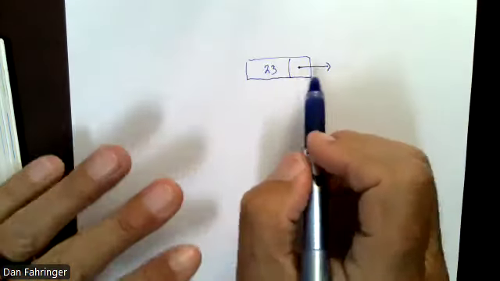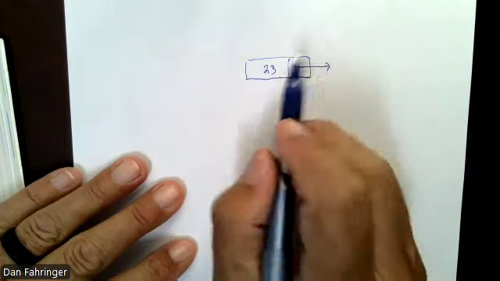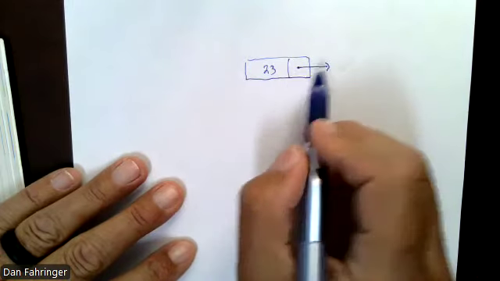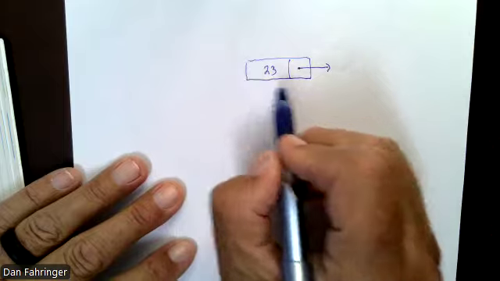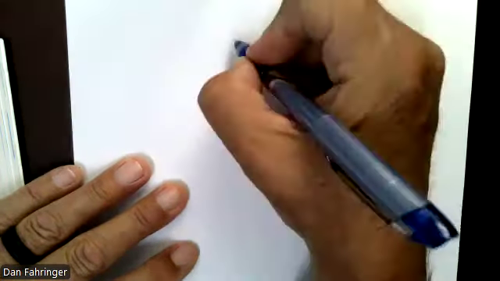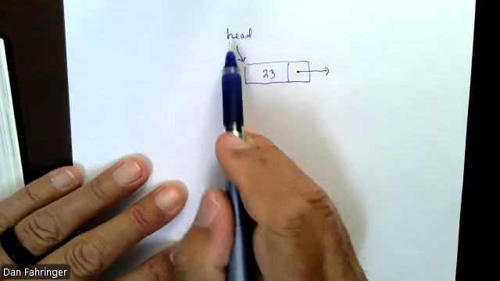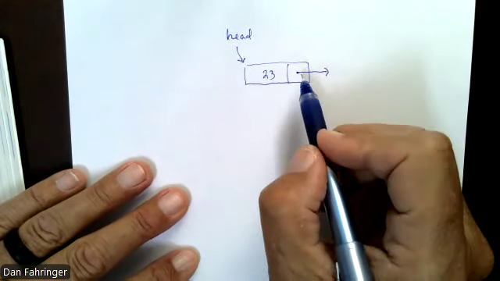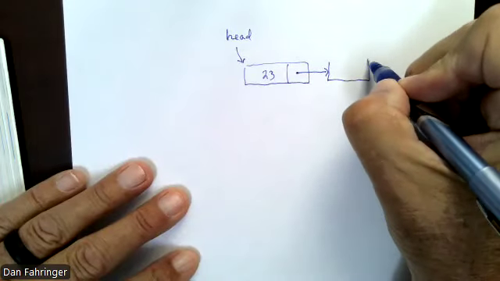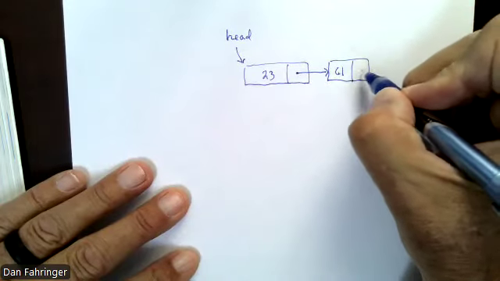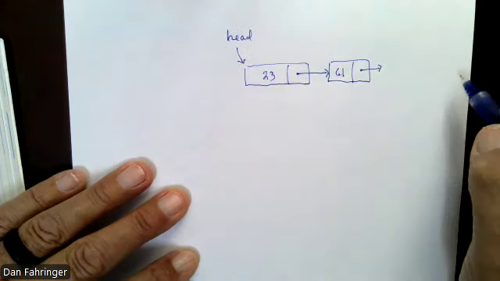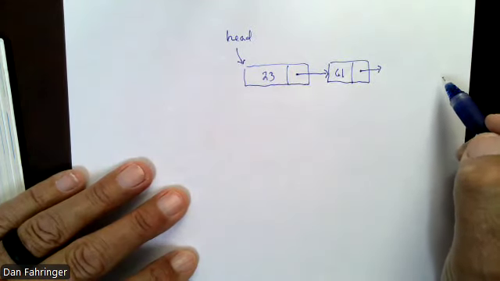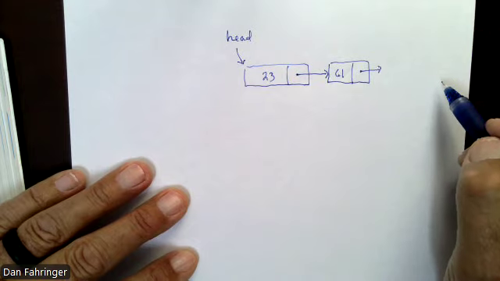So this is a data type that we're going to make that has two things in it. We bind them together. This is going to be a node. And earlier I said I had a bunch of pointer names. One was head, and all head does is hold the address of the first node. The first node has a value and holds the address of a second node, and so on, all the way out until the last one points to null.